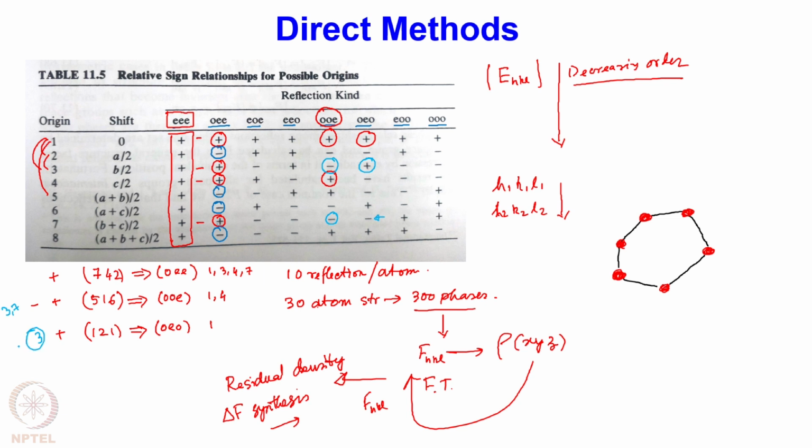So this method of guessing, doing Fourier transformation, getting the atom coordinates, trying to see whether it forms a molecule or not, going back and reassigning the phases, changing the phases from plus to minus for a centrosymmetric structure, is done by a computer program.